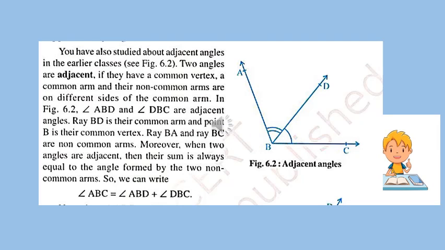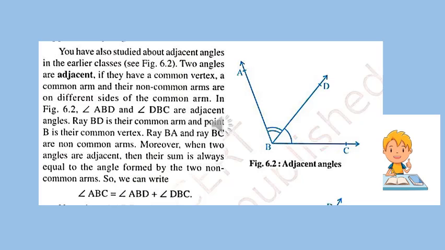See the figure here again. How many angles are there? Actually three angles are there, but due to the ray BD, angle ABC is divided into two angles, angle ABD and angle CBD. These two angles are called adjacent angles. Why? Because ray BD is common to both angles.